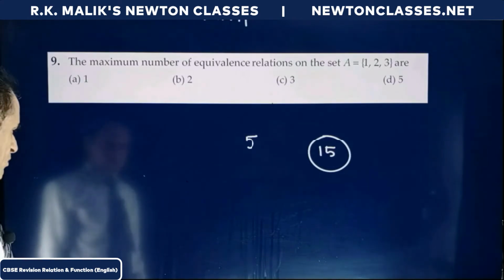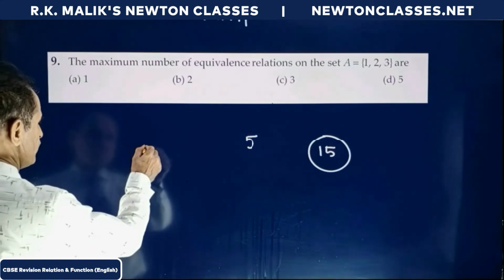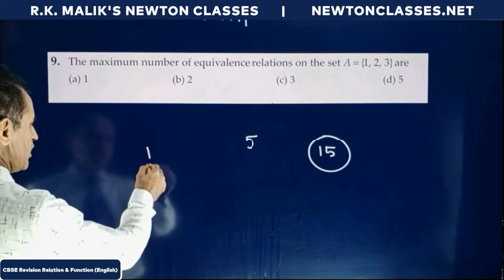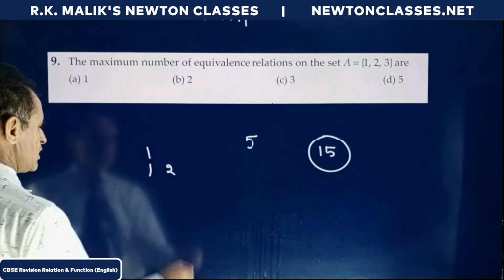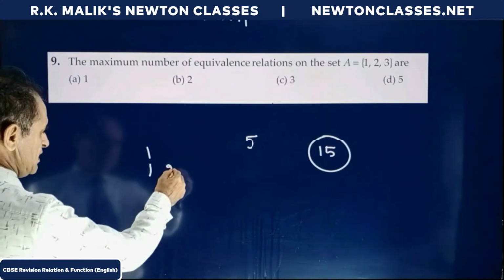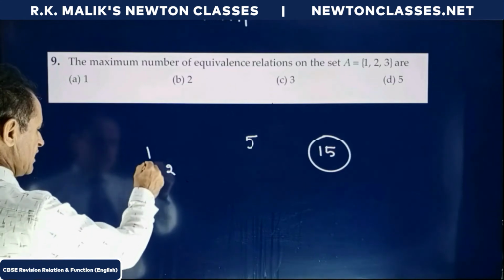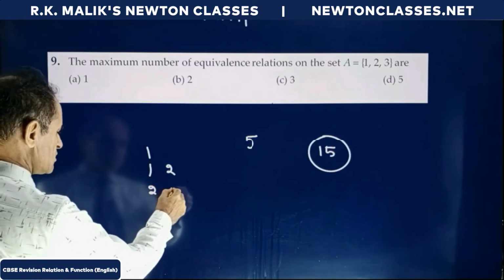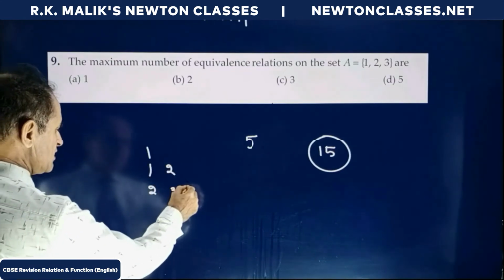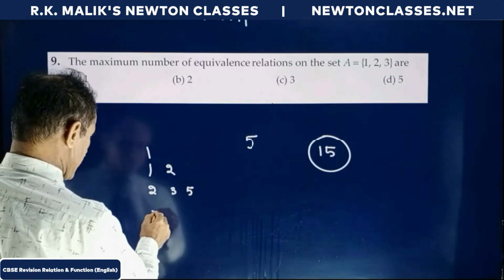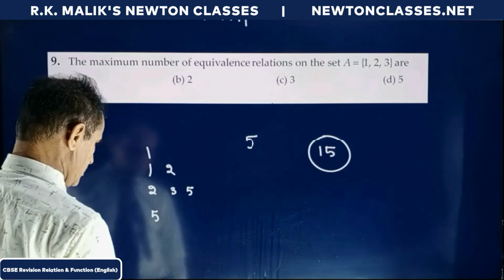For those students, to find the number of equivalence relations, you will have to remember this table, and I'm going to tell you the way of making the table. Start by writing 1 and 1 again, and now add these two, you get 2, and write the same here again. Now add these two, you get 3, add these two, you get 5, and write the same 5 here.